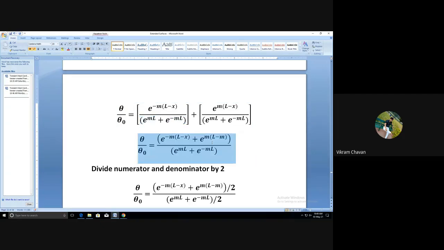So we will get the equation as theta divided by theta naught will be equal to e raised to minus m inside the bracket L minus x plus e raised to m inside the bracket L minus x, whole divided by e raised to ml plus e raised to minus ml. Getting everyone? Is there any question? Any doubt up till now?